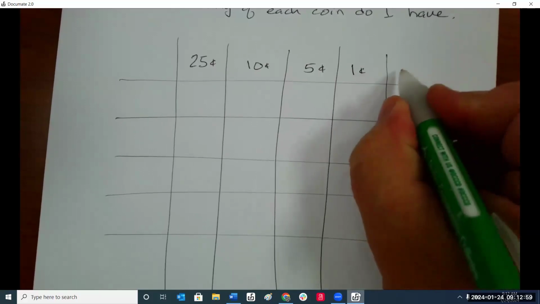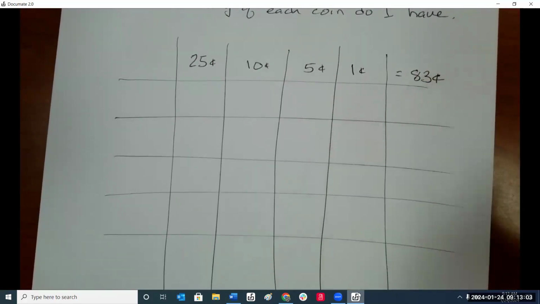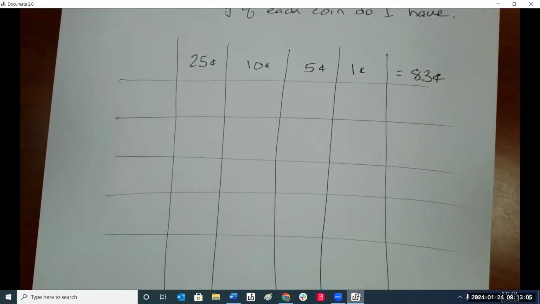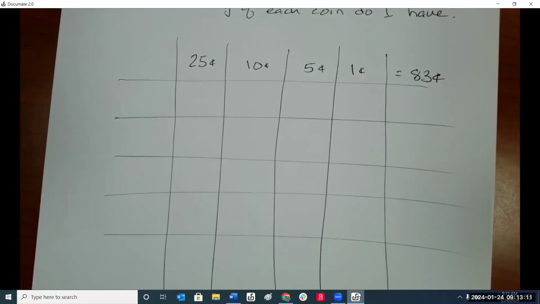And it has to equal 83 cents. So how would you begin this? What's that? Well, you have to get exactly 83, not close.